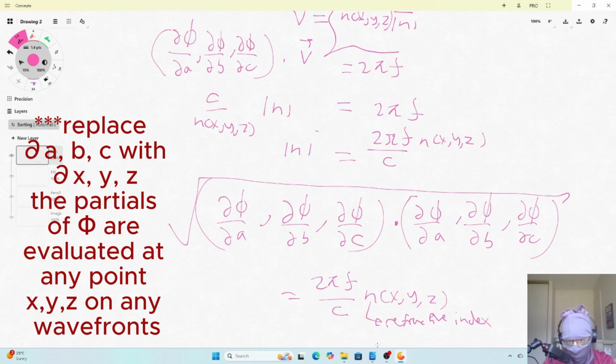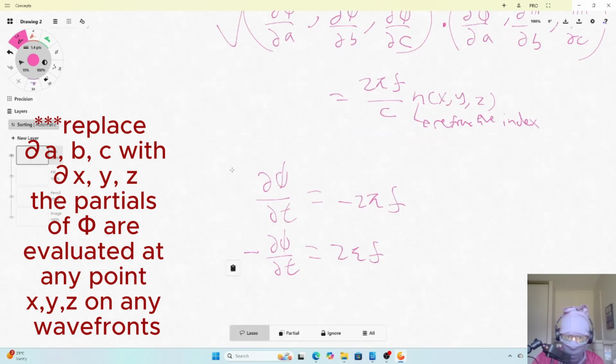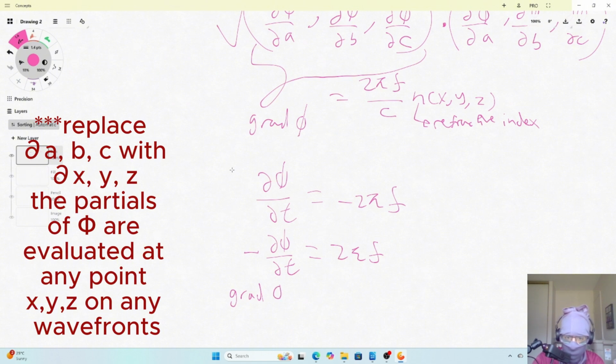You would want to have a full equation, and we know that d phi over dt is minus 2 pi f. So the negative of that partial derivative is 2 pi f. This here is called grad of phi. So we have grad phi, which is equal to minus d phi over dt times the refractive index over c.